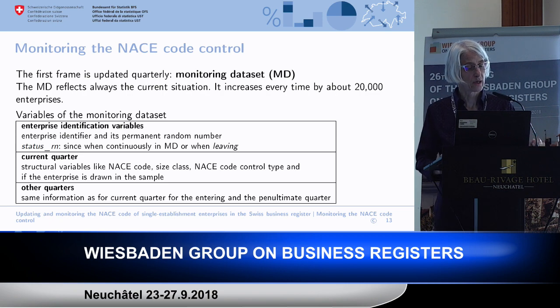Then we have some structural variables like NACE code, size class, NACE code control type, and if the enterprise is drawn in the sample for the current quarter, and also for the entering quarter and the penultimate quarter. The monitoring dataset gives an overview of the current situation, which I will show in the next slide, and it is also very useful for different controls, which I will show in the slide after next.